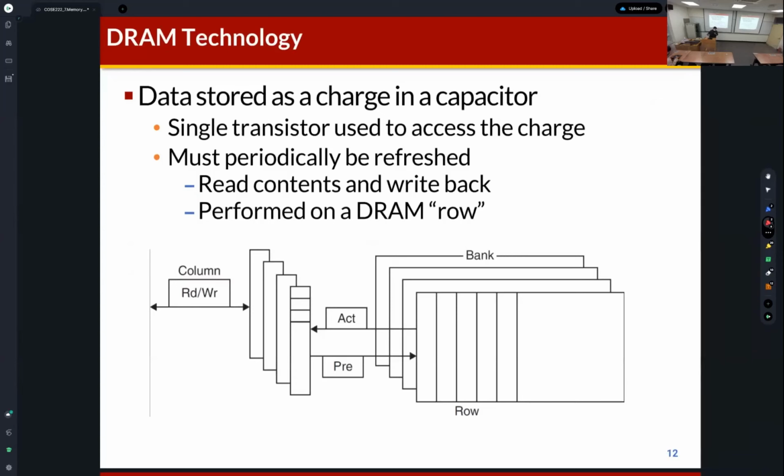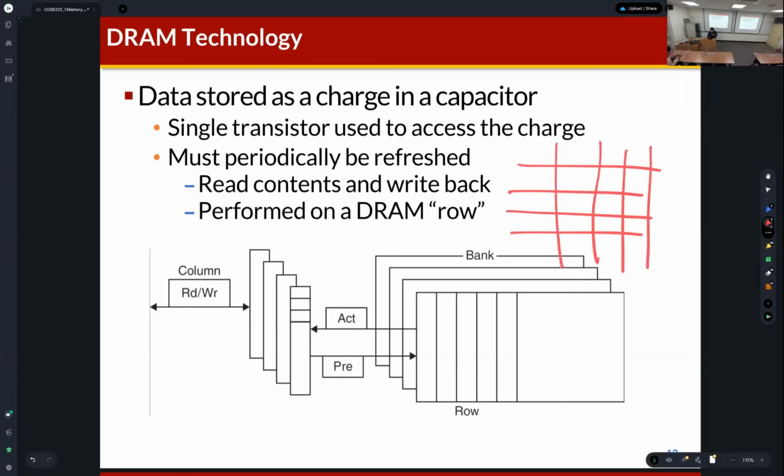So I will briefly explain the DRAM technology. Memories look like this, with the word line and then the bit line. We activate a certain word line with the address.